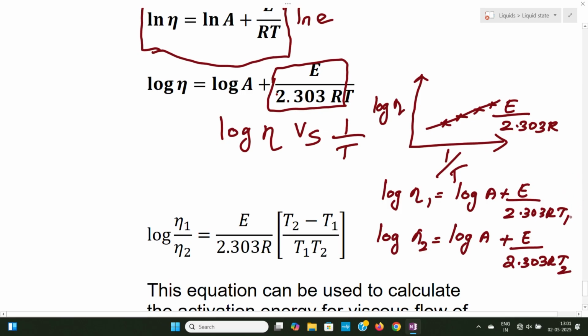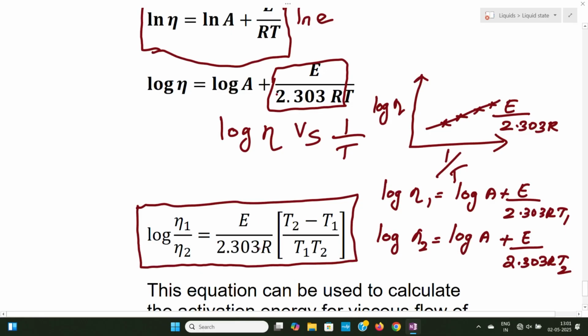So when we make this a common denominator, T1 T2 will come in the denominator, and in the numerator T2 minus T1 will come. Therefore, we have the equation log eta 1 by eta 2 is equal to E by 2.303 R into T2 minus T1 divided by T1 T2.